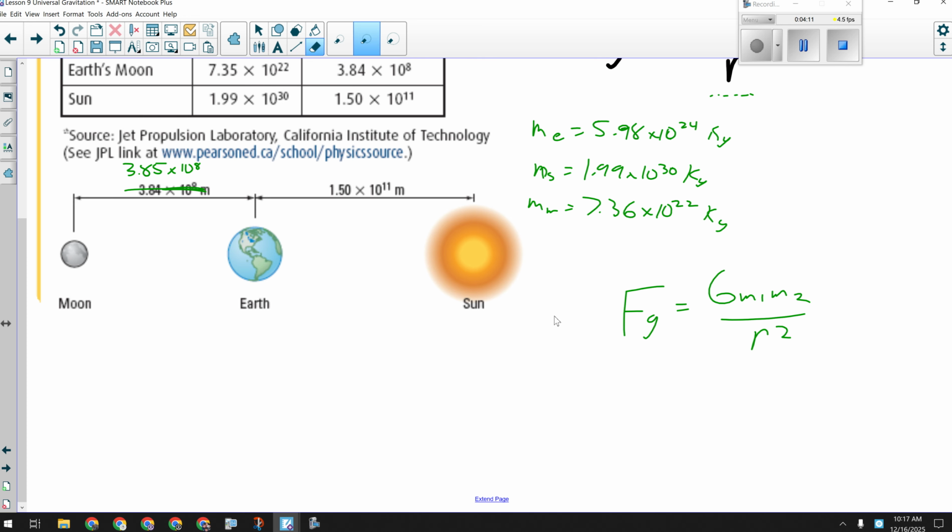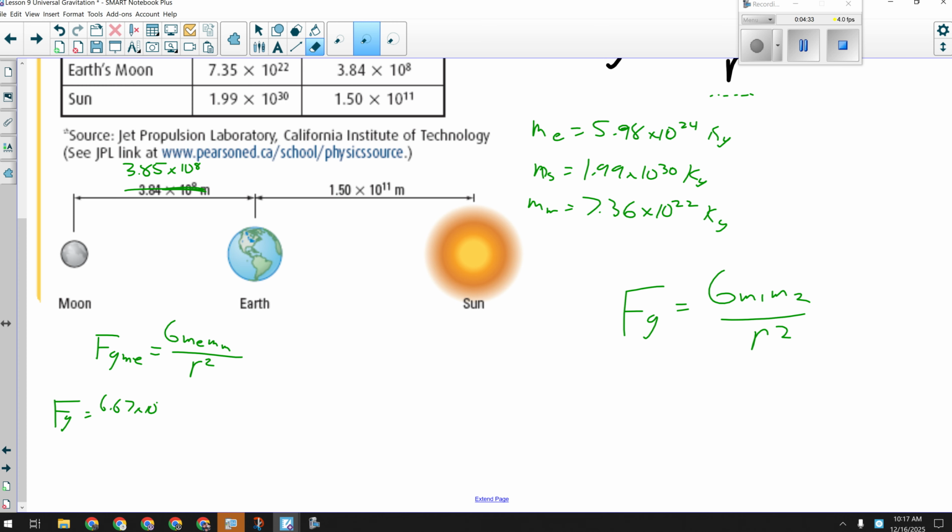All right, so we have two separate forces of gravity acting on the Earth. We have the force of gravity between the moon and the Earth. If we're going to calculate that, we're going to have to go big G times the mass of the Earth times the mass of the moon over the radius between the Earth and the moon squared. So that's going to look like this.